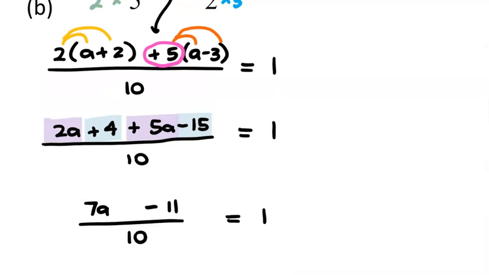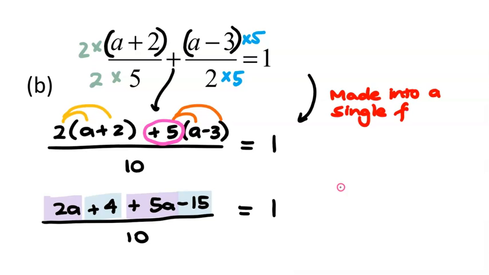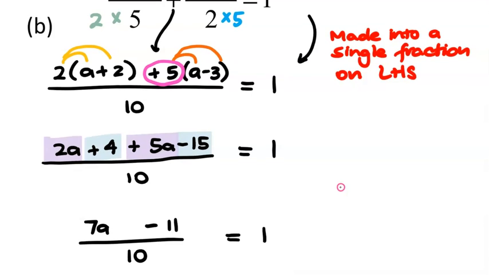Okay, so what have we done? We made it into a single fraction on the left hand side. Then what did we do? Oh, I wanted that arrow to be red. Then what did we do?